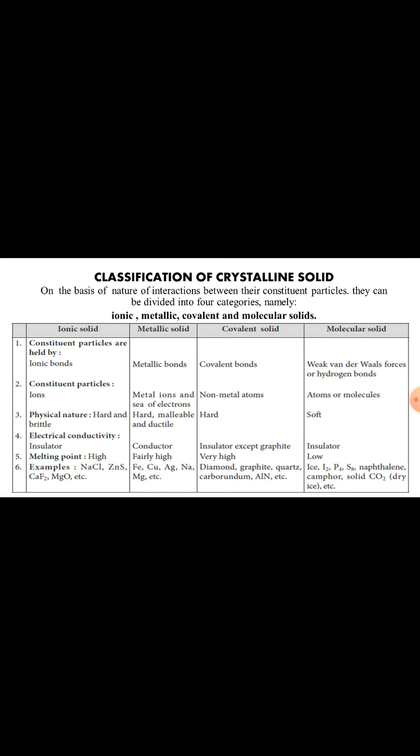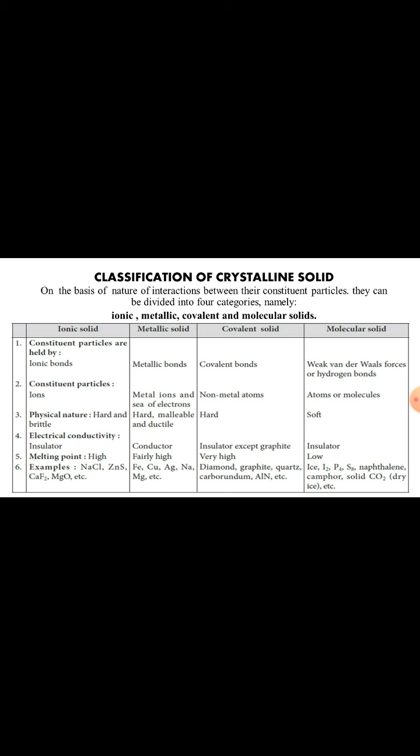Examples you can learn: S block elements when combined with group 15, 16 and 17 elements form ionic bonds, that is, the ionic bond formed between metals and non-metals of high electronegativity. Some common examples are given here: NaCl, ZnS, calcium fluoride, MgO, etc.